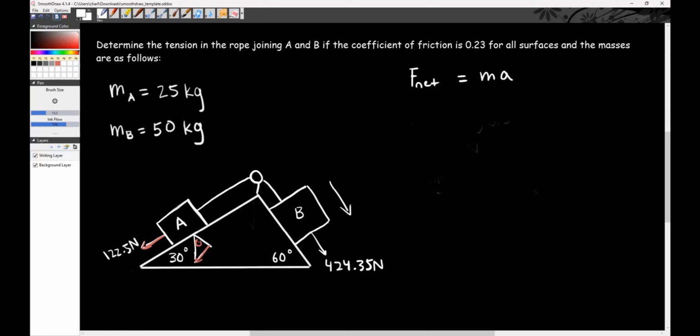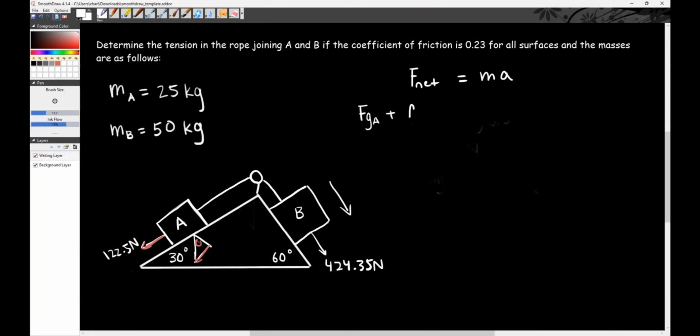And remember, for F net, when we're doing the whole system, we're going to add up all the forces that are acting on each object, except the internal force, which in this case is tension. So let's start with block A. Well, we have Fg. We also have the force of friction, and we know this because the question is telling you the coefficient of friction.